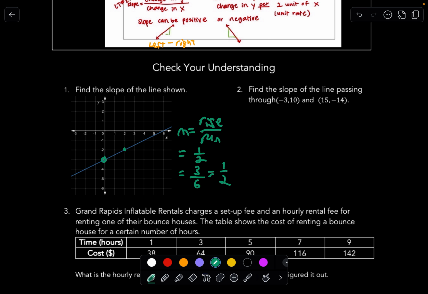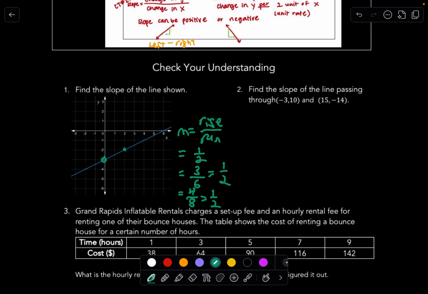All right? And heck, you could even have done this. You could have chosen this point, counted up 1, 2, 3, 4, and then count to the right 1, 2, 3, 4, 5, 6, 7, 8. And you'll go up 4 to the right 8, and you could have said the slope was 4 over 8, which is 1/2.